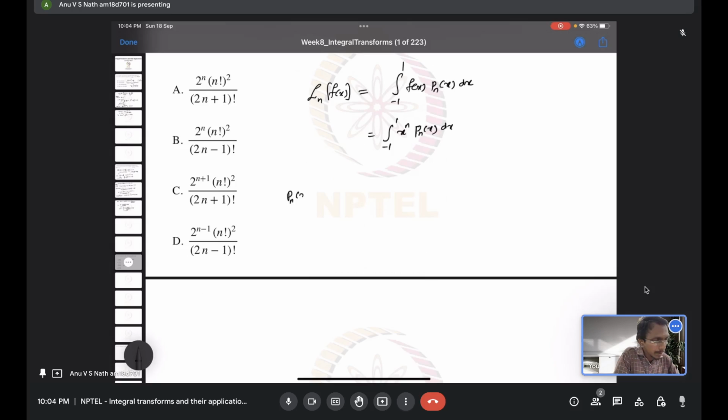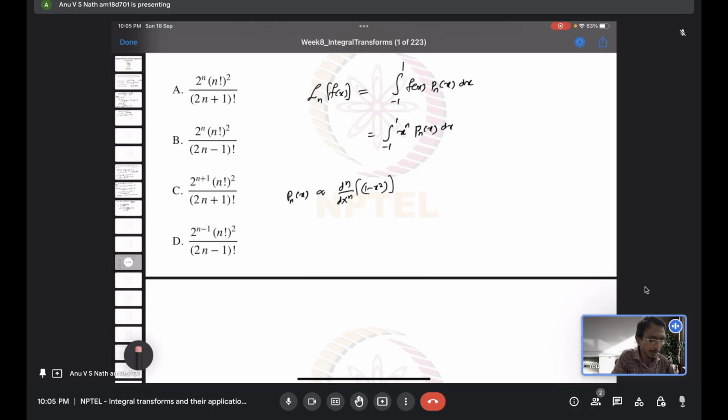So Pn of x is a solution of the Legendre differential equation. But that definition will not help here, at least not directly; probably indirectly we can reach some part of the solution. And Pn of x has another definition in terms of derivatives. It's proportional to the nth derivative of 1 minus x square to the n, something like that.